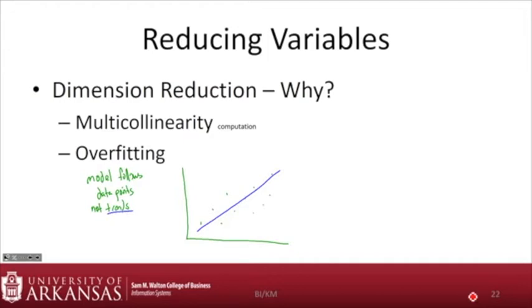But the overfitting piece is when I kind of connect the dots. I can make a function that does this, right? It would be a, what, 1, 2, 3, a 7th degree polynomial. I could make this happen, and I would get this data really, really accurate.